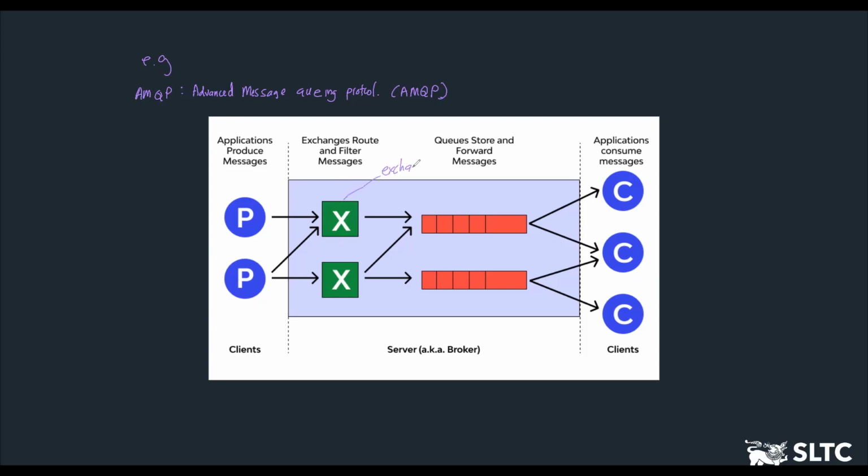So this component in green is known as the exchange. If the exchange is given some data, that data has to be put to one of these queues. That will be done by this exchange.